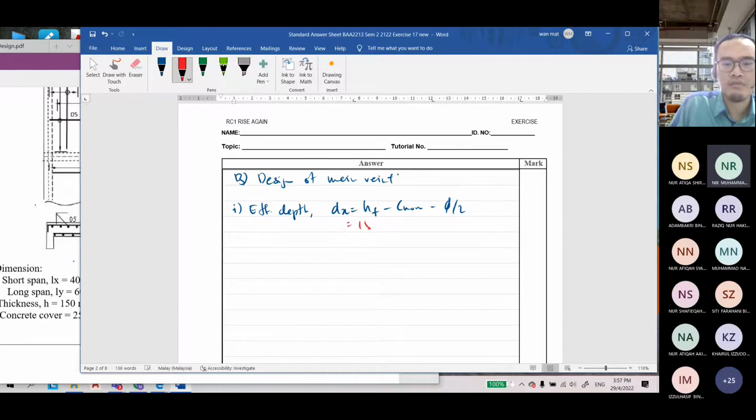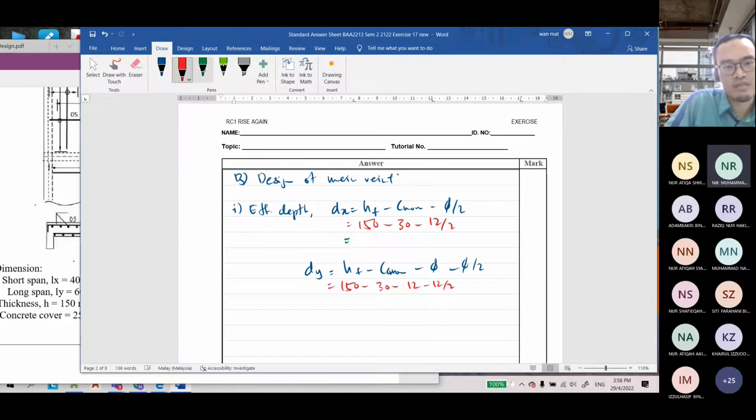So 150, 30, 12. dy is equal to hf minus c nominal minus diameter over 2, 150 minus 30 minus 12 over 2. So what is the value of dx and dy?